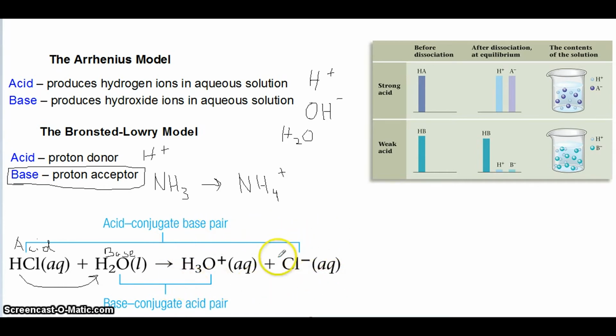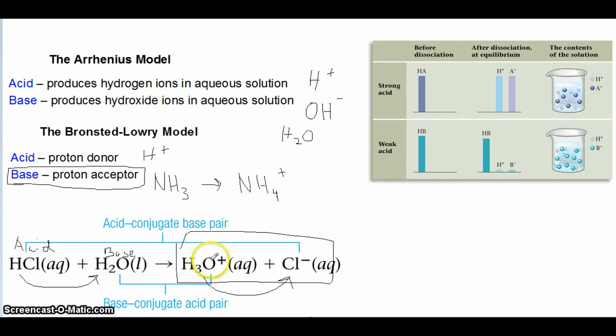Would you expect the chloride ion to act as an acid, or would you expect him to act as a base? Well, actually, if you just started off with these ingredients over here, this hydrogen would have been donated to him, and you would just have the reverse reaction going back in the other direction.